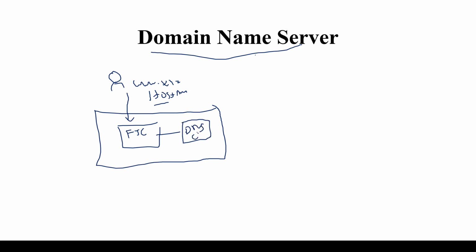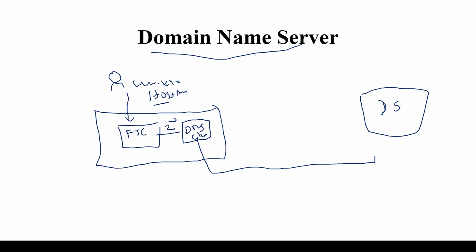So remember one thing, guys, DNS is also a client-server based application. Your host name is forwarded to the DNS client, and the DNS client makes a query to the DNS server. This server has a mapping of host to IP address.